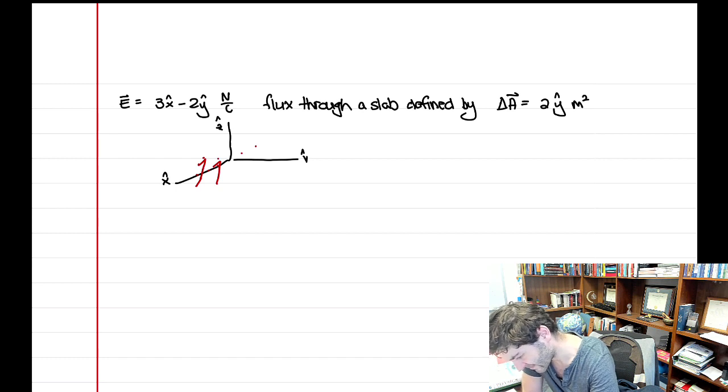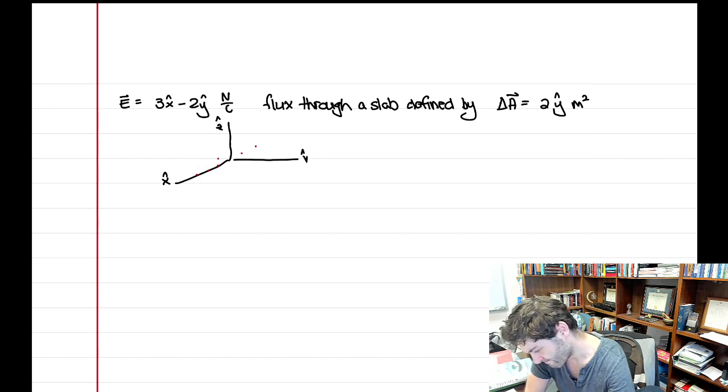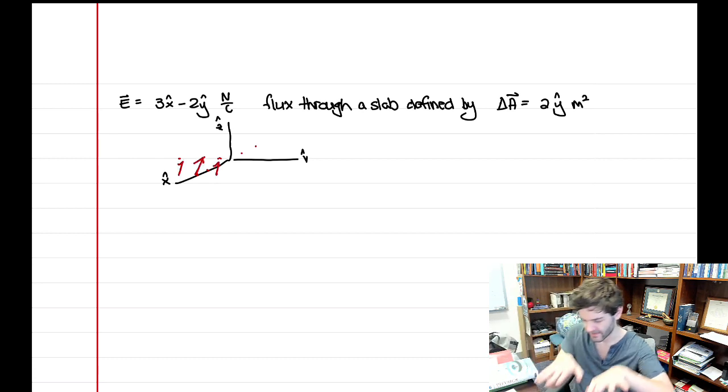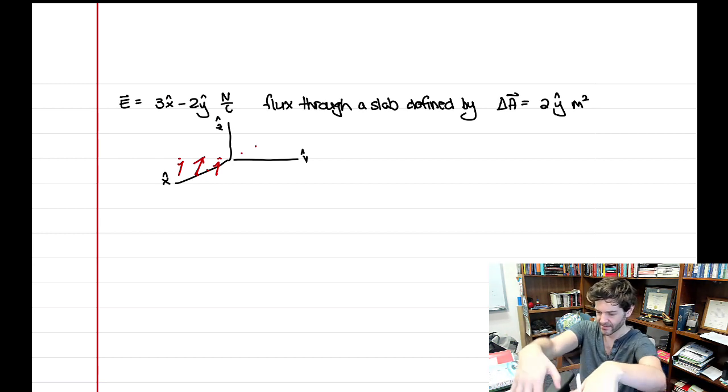It's hard to draw this in 3D, so 3 in the x and then 2 in the negative y, so it looks like arrows that might look like that, but they're all in the plane. There's no height to them.